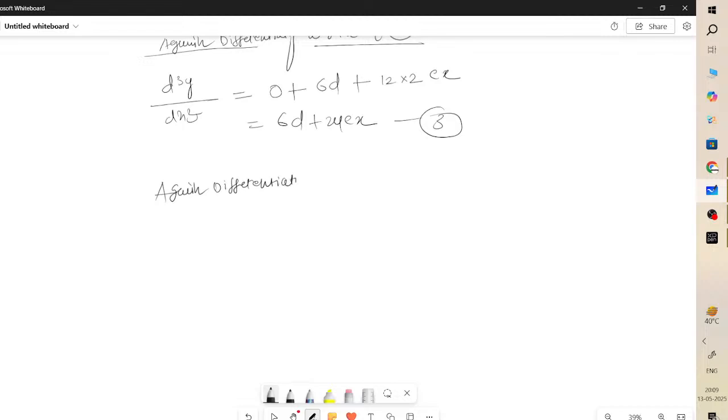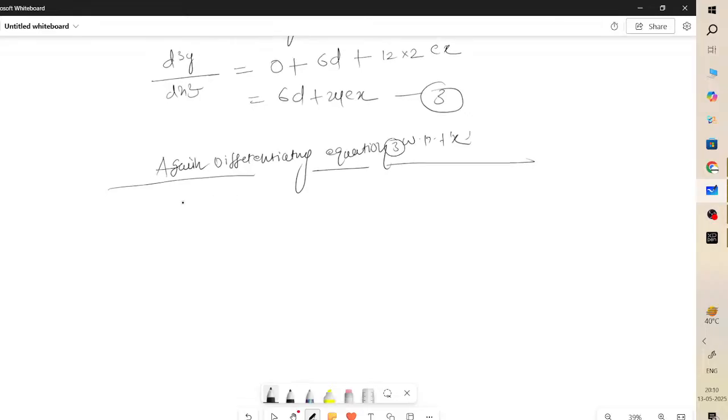Again differentiating equation 3 with respect to x, what we get: d4y upon dx4.